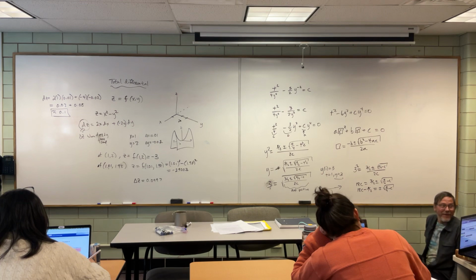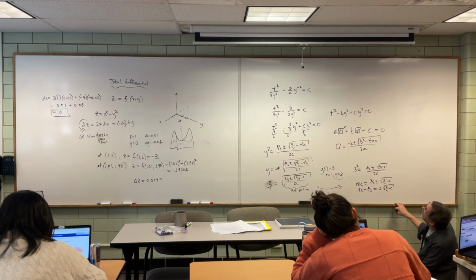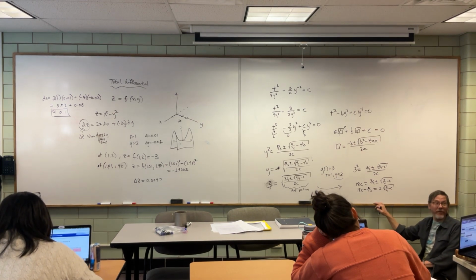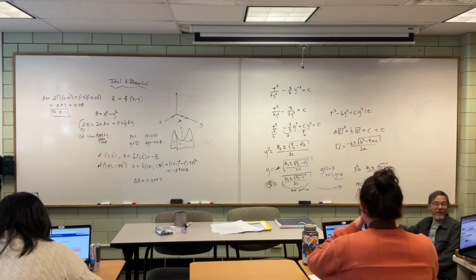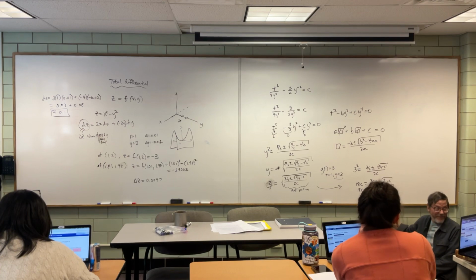Wouldn't it be easier if we just use that equation? This one up here? No, the t squared minus 6y squared. Yeah, that would have been a better place to find C. Yeah, I agree. I wish I had done that, but I didn't.